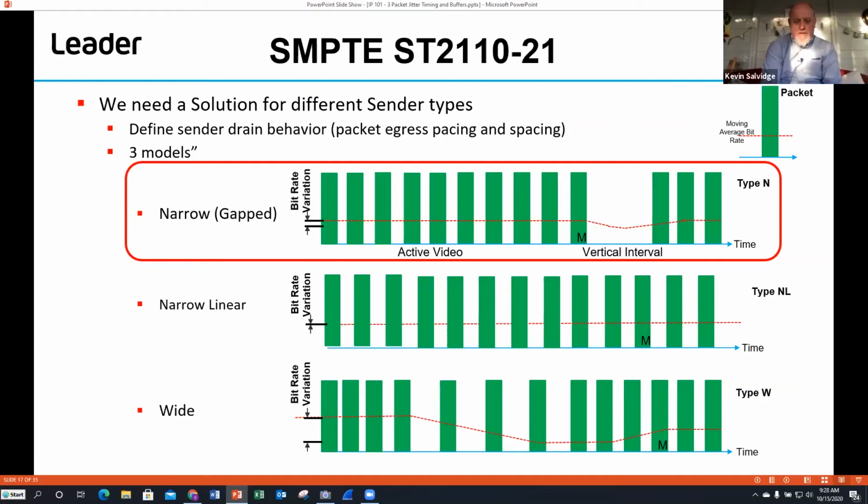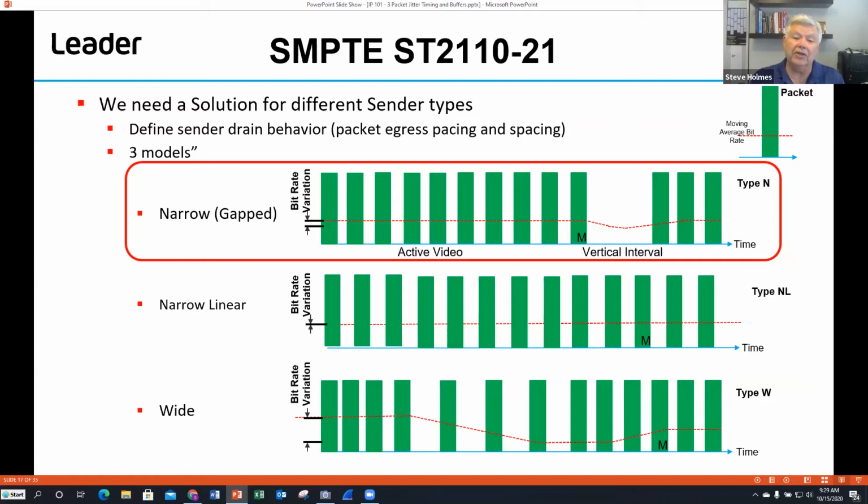So this is one of the real collision points, isn't it, from a traditional broadcast engineer who is used to SDI being synchronous, packets arriving at a regular interval, to an asynchronous world that data centers are used to. Yes. And that widespread in those last two charts, when I looked at it on the Leader LV5600 and on the Fabrics QX, where it was wide, that's what it looks like coming right out of a wide sender.